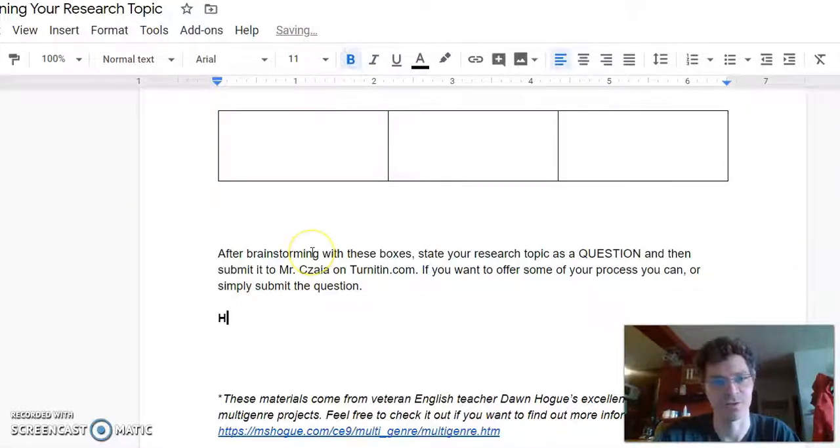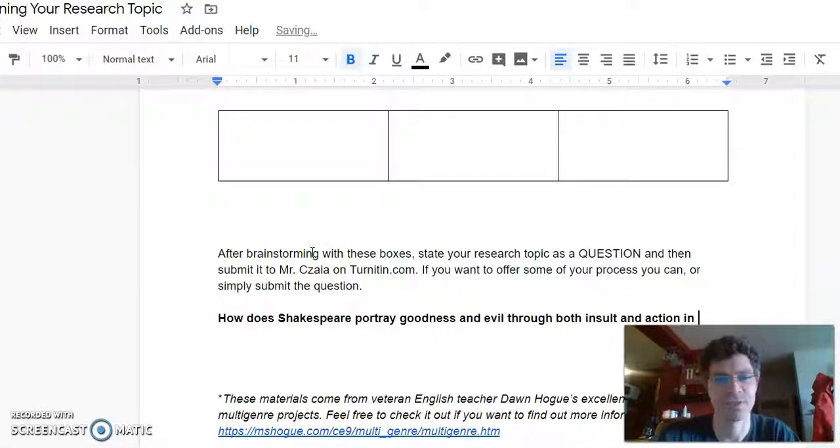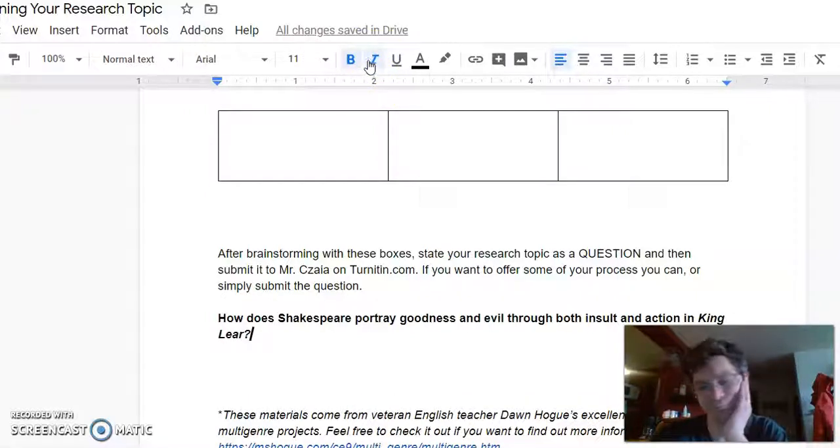Can I get it? Okay, there we go. How does Shakespeare portray goodness and evil through both insult and action in King Lear?